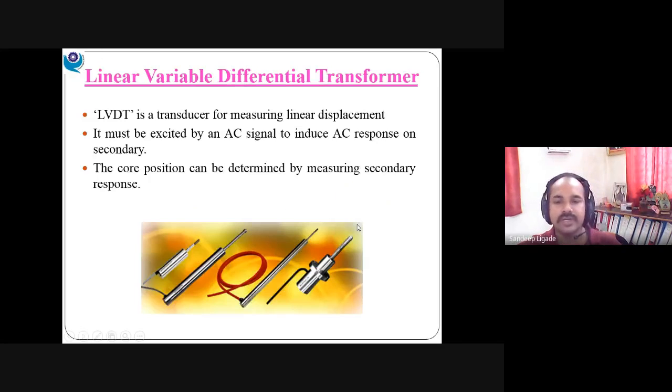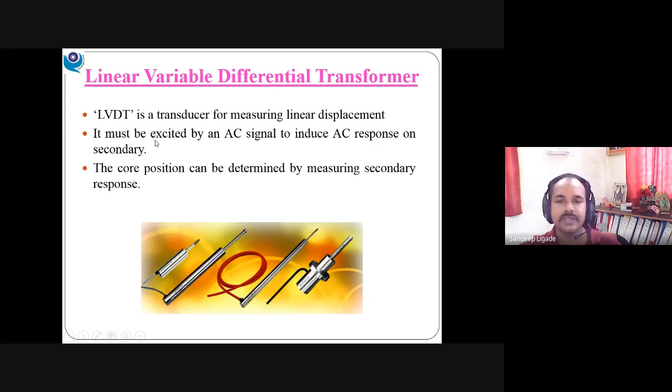So the next position sensor that we can have is the LVDT, that is the linear variable differential transformer, or one more name is linear variable displacement transducer, or differential displacement transducer.